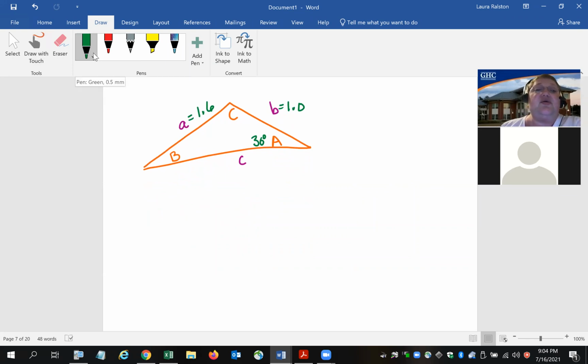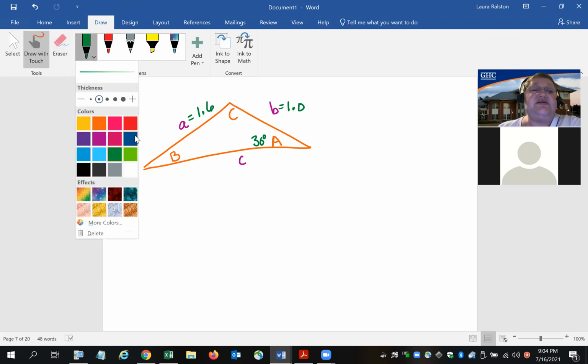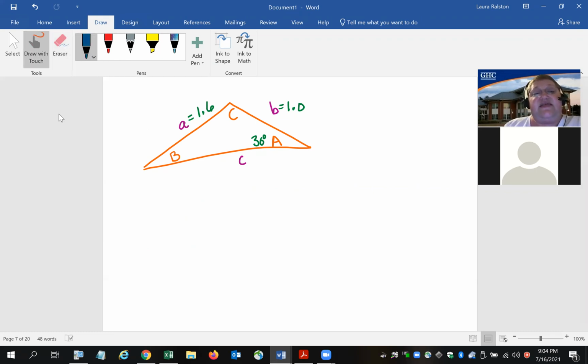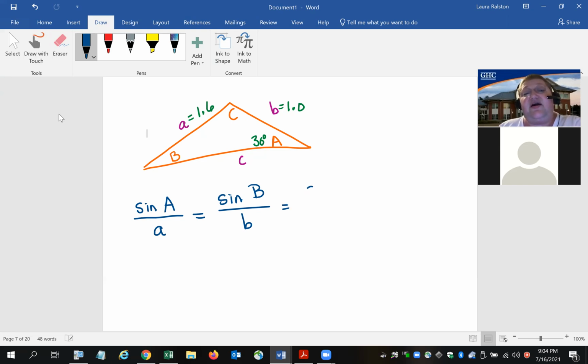Law of sines, which is on your formula sheet, says that the sine of angle A compared to side A is equal to the sine of angle B over side B, or it could be equal to C. The three are equal to each other.